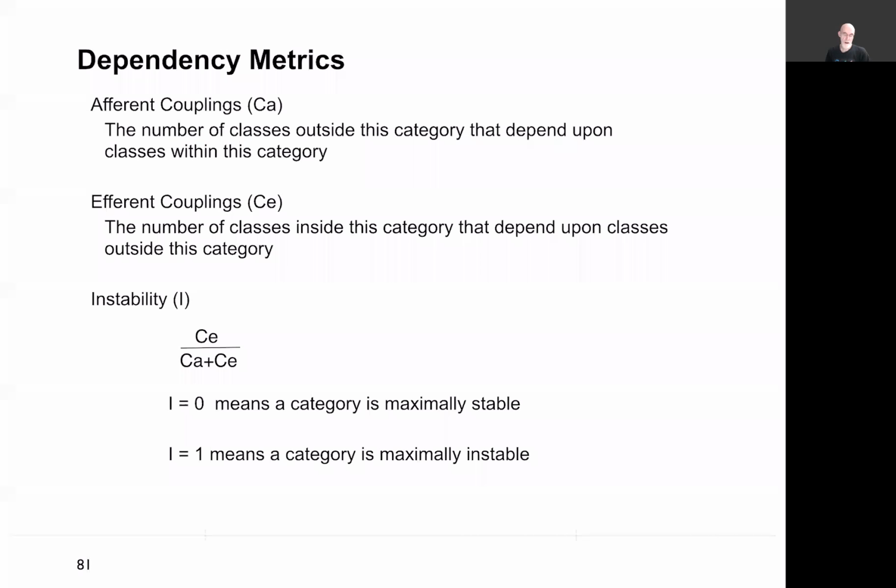Yeah, so the question is, how does CA affect it? I can understand the equation. I can't connect it with the why. Like, why does that reduce instability?